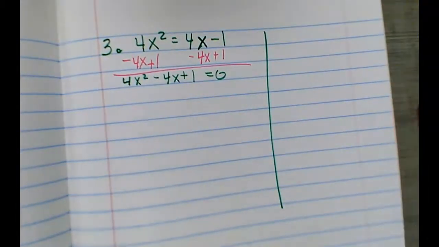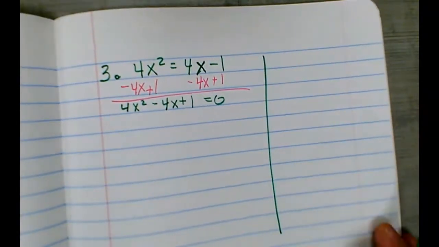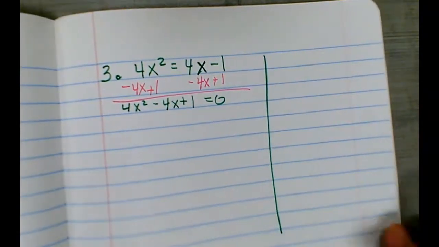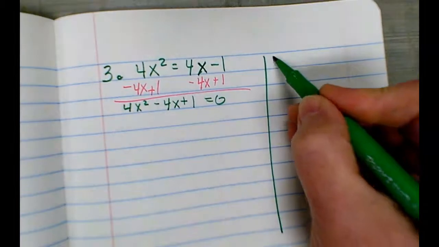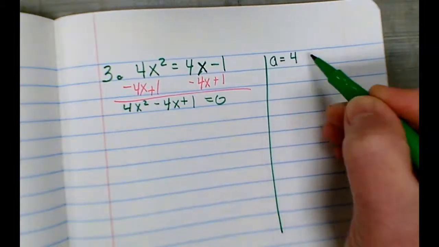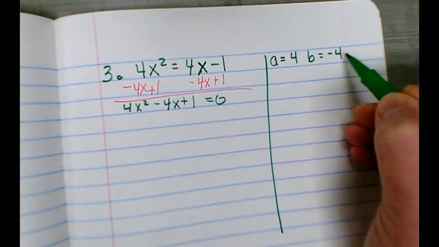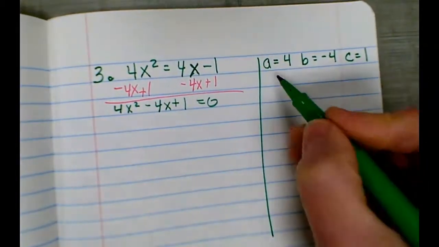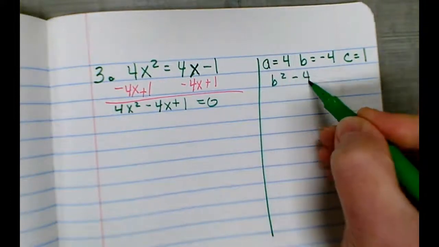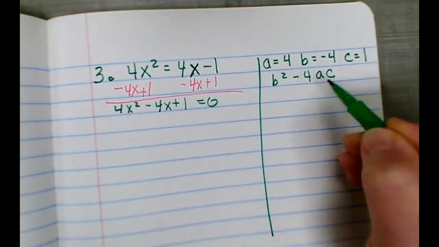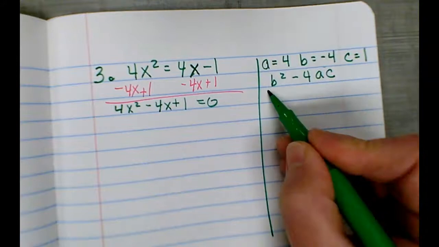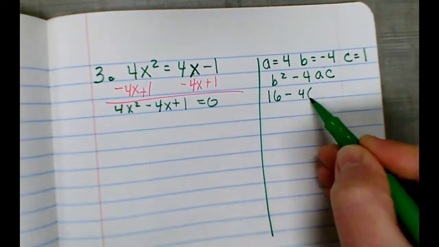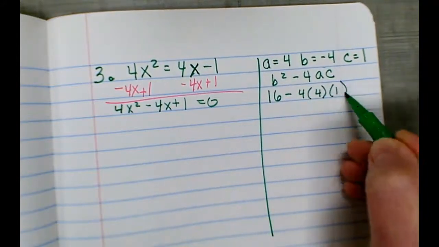Just to make my paper a little bit less messy, because this is kind of a messy problem, I divide it into 2 parts, and I'm going to figure out the discriminant first. And so this is b squared minus 4ac, and so that would be 16 minus 4 times 1.